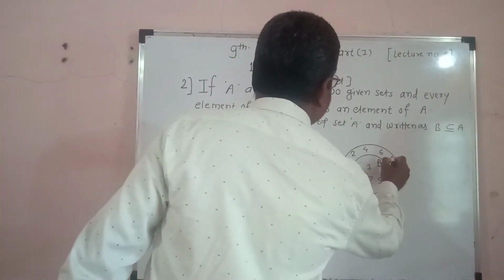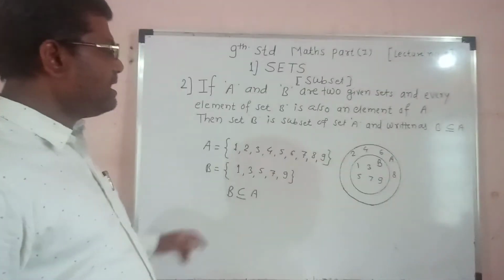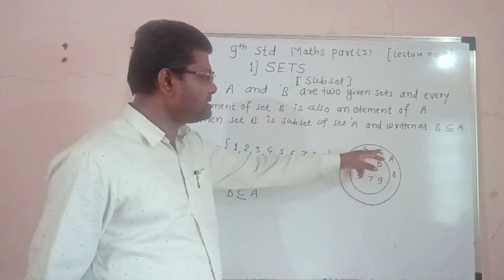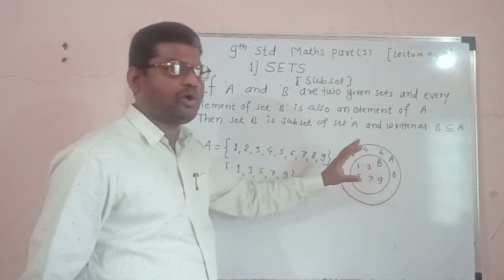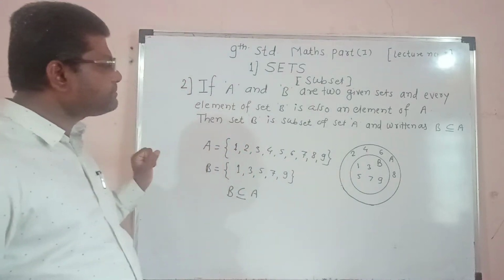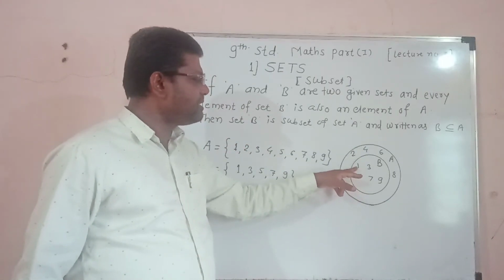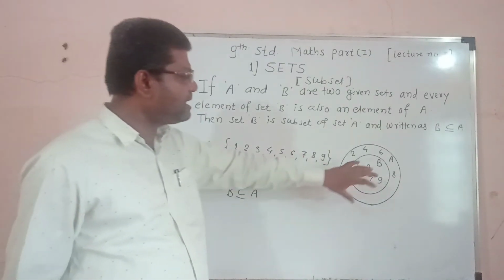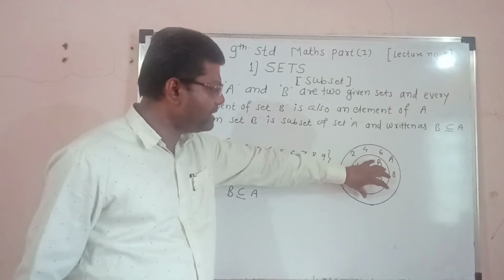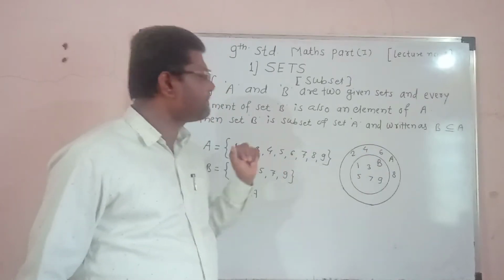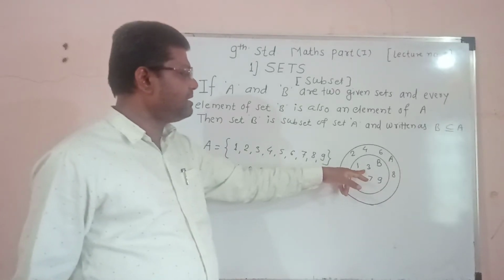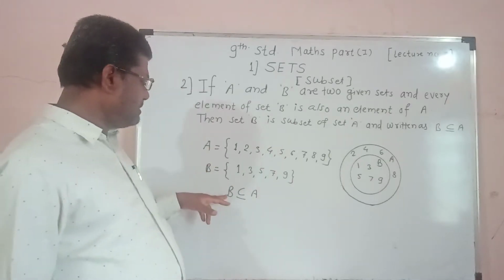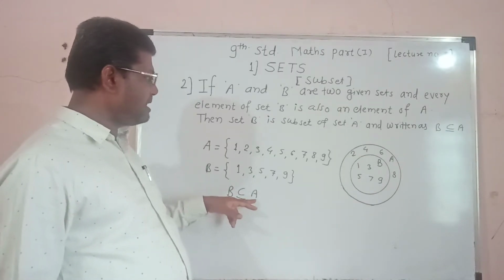This is set A. Set A contains the elements 1, 2, 3, 4, 5, 6, 7, 8 and 9, and set B contains the elements 1, 3, 5, 7, 9. From the Venn diagram, it is also clear that all the elements of set B are in set A. Therefore, set B is called a subset of set A, and we write B ⊂ A in this way.